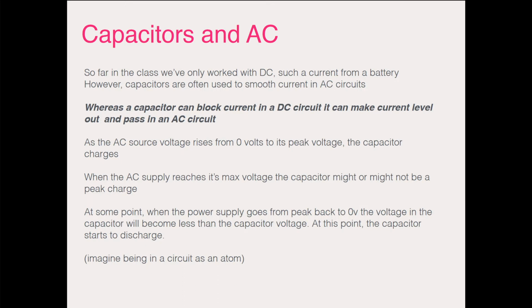Capacitors and alternating current. Capacitors are really important in alternating current. In DC circuits they act like a block, but with alternating current they can act as a kind of low pass filter.